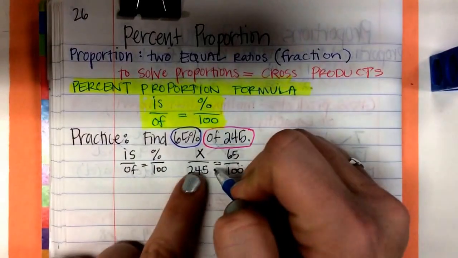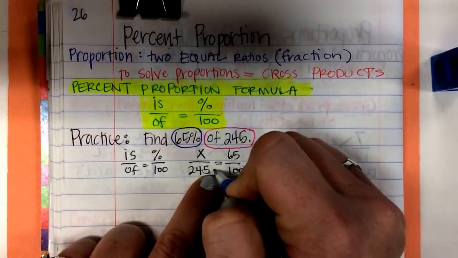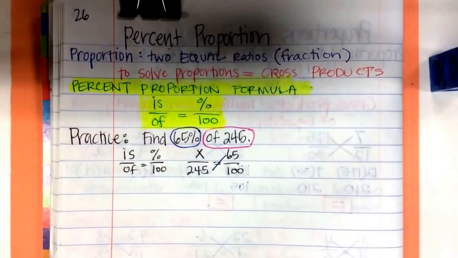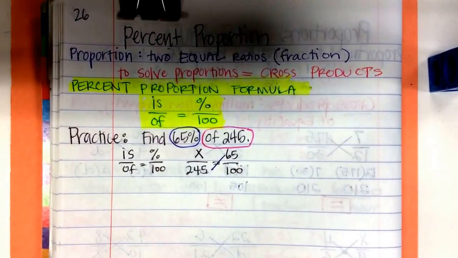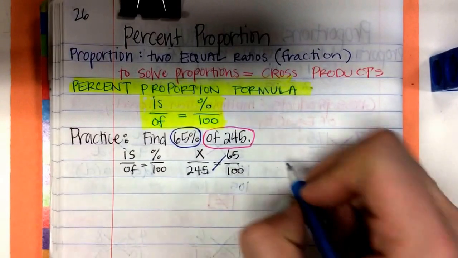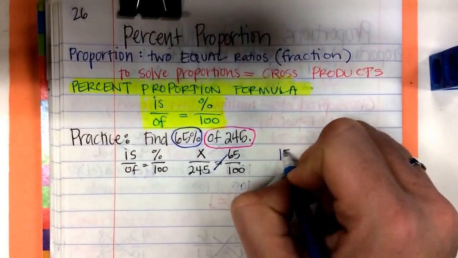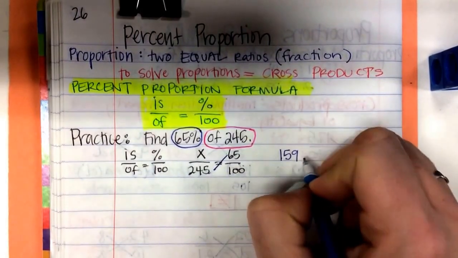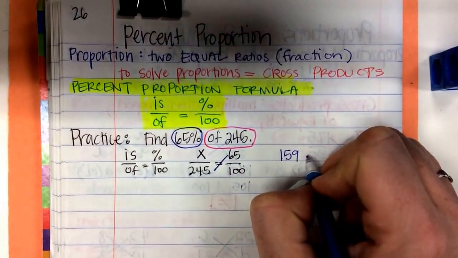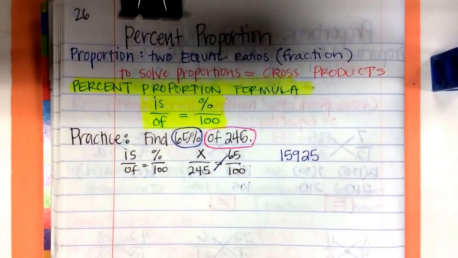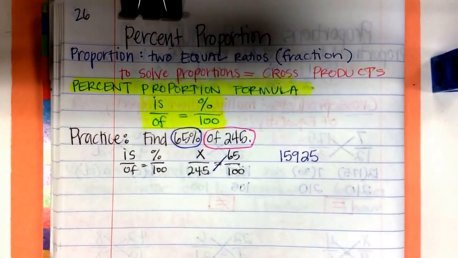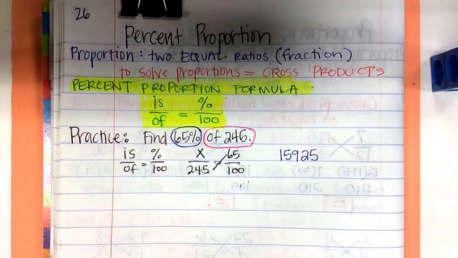So let's multiply 245 times 65. 245 times 5, what? 15, 9, 45, 35, 25. Then I go to my other diagonal.